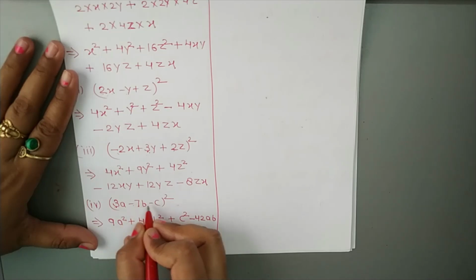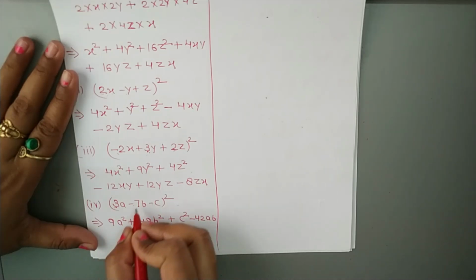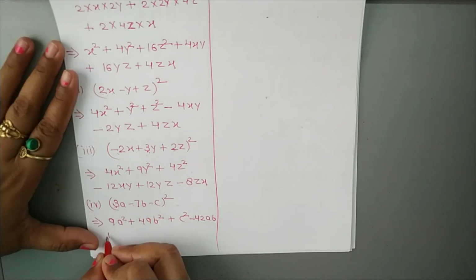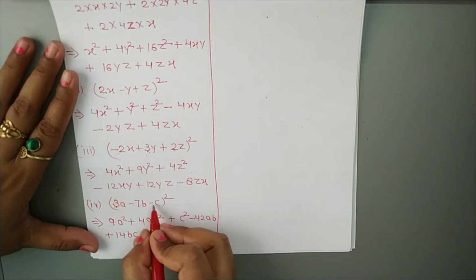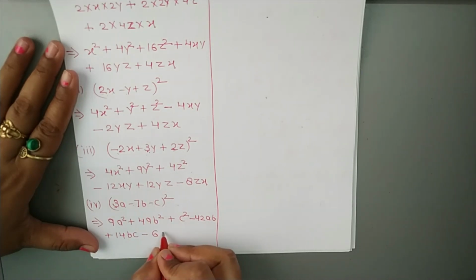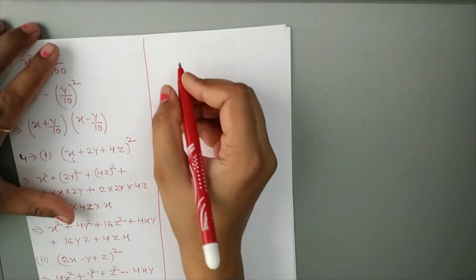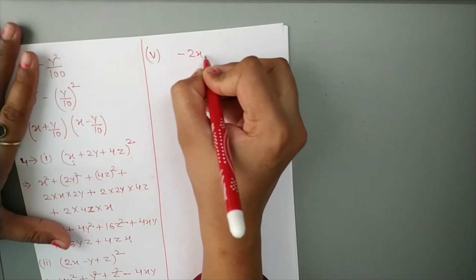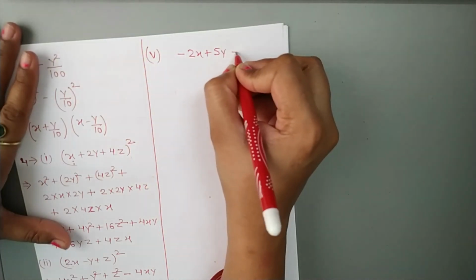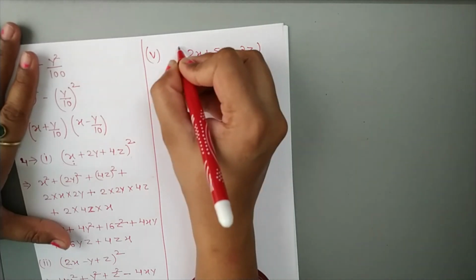After this, minus and minus becomes plus into 2, so plus 14bc, minus 3 2s are 6, 6ac.